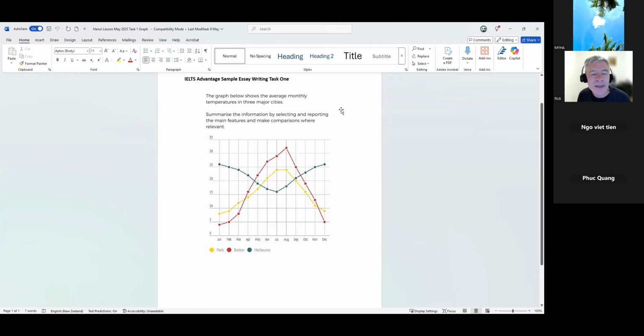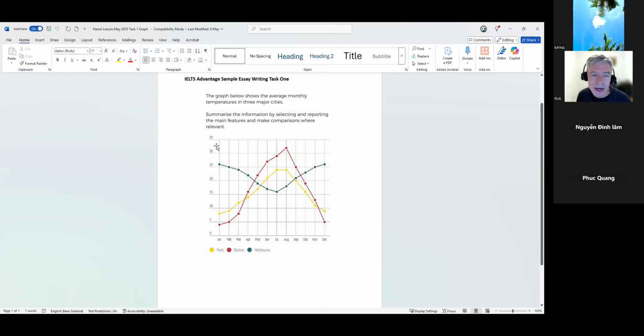Ding Lam, what are the three cities that are being measured on this graph? There is Paris, Boston, and Memphis. Melbourne. It's pronounced Melbourne. Paris, of course, is in France, Boston, America, and Melbourne is in Australia.